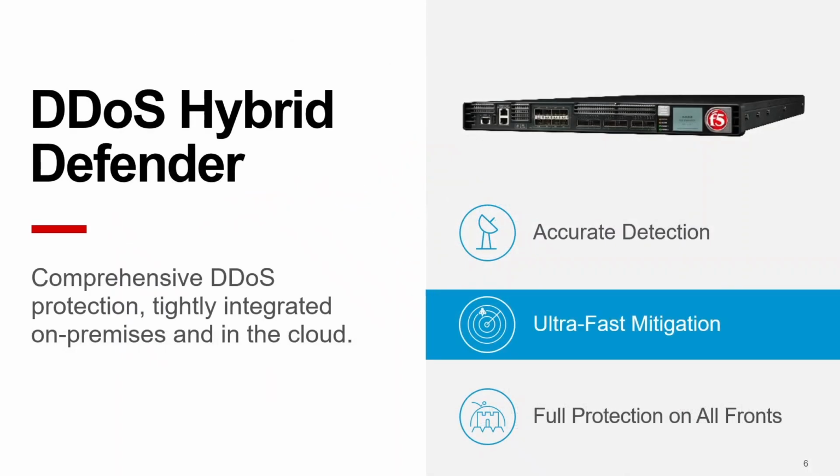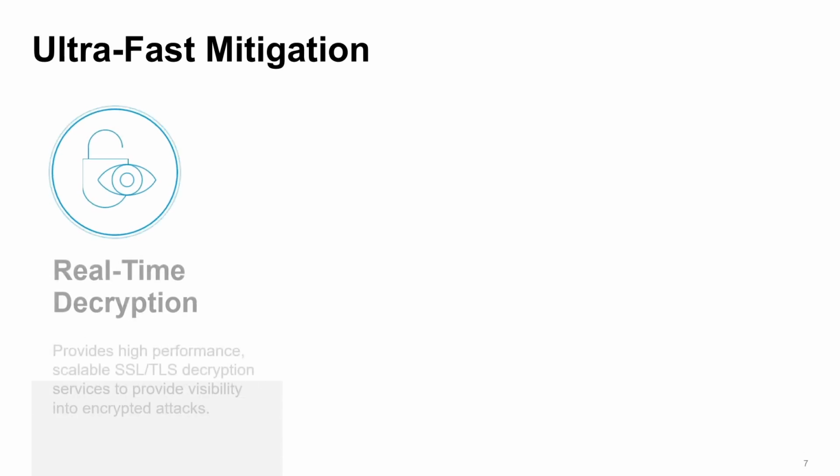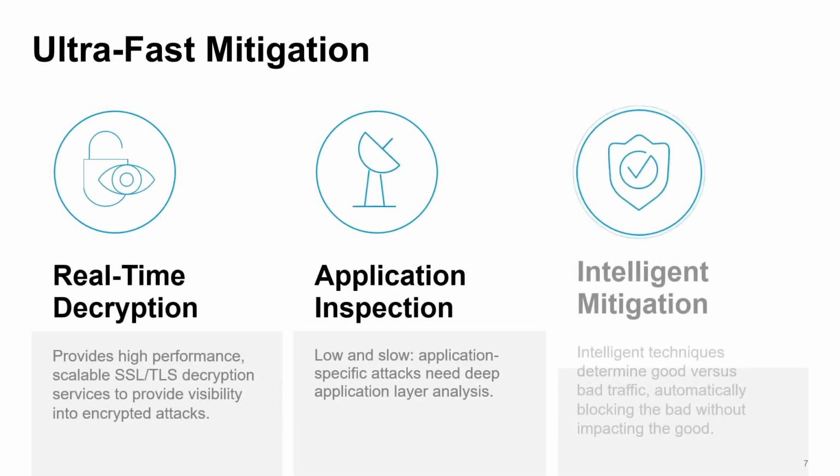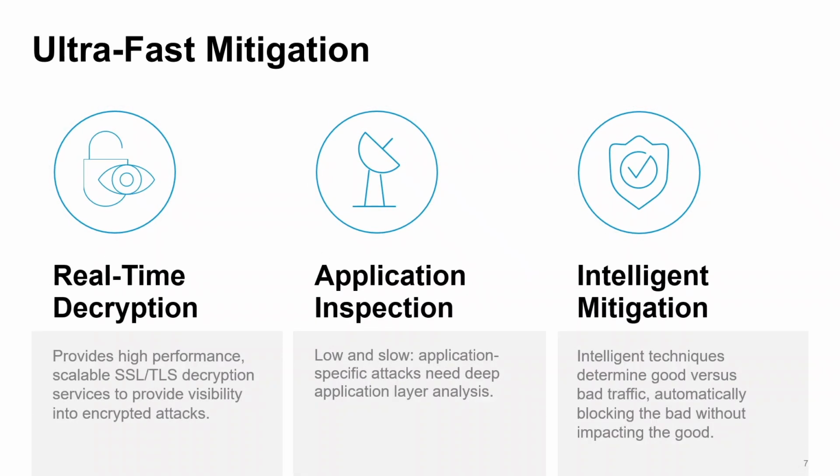F5 DHD provides ultra-fast mitigation since it runs on F5 dedicated hardware. F5 dedicated hardware comes with specific hardware chips, FPGA chips. These chips are designed to give high performance for CPU-intensive processes like decryption, encryption, and mitigating DDoS attacks.